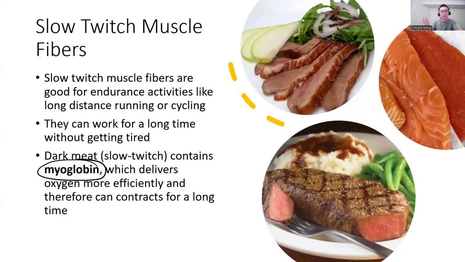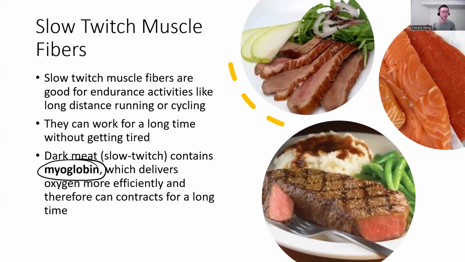So postural muscles typically have a higher percentage of slow twitch fibers. Like you can stand or sit for a reasonable amount of time without getting too tired. I can sit here and teach for 3 hours and I'll be okay, my back's not going to be killing me.